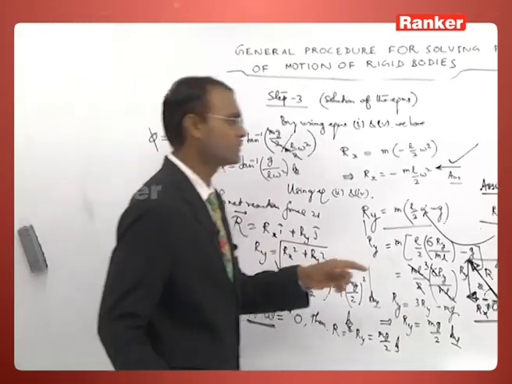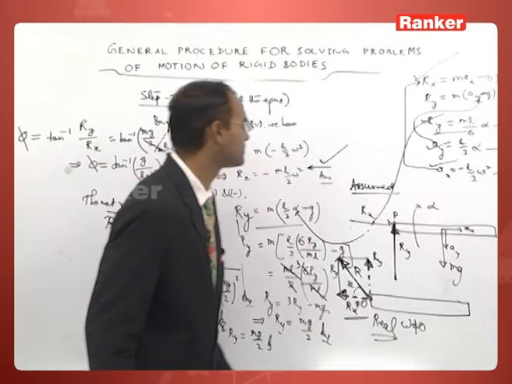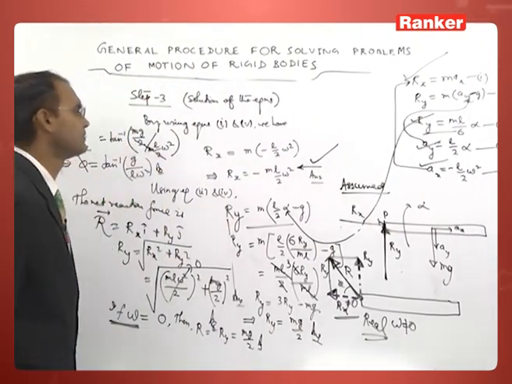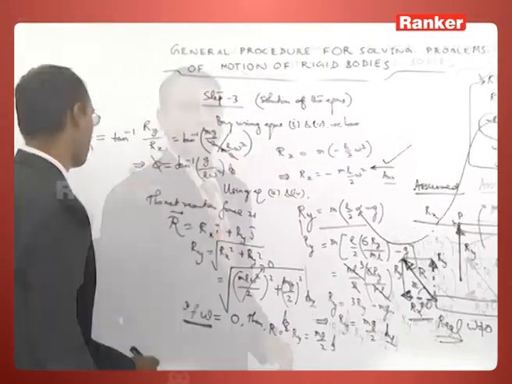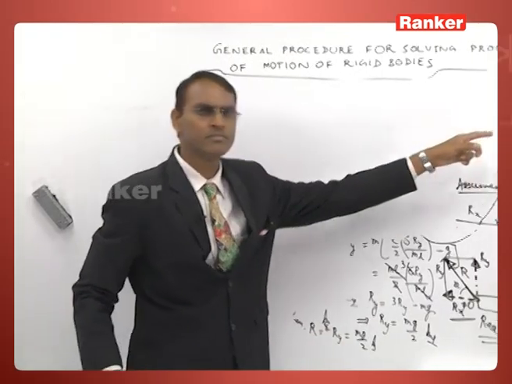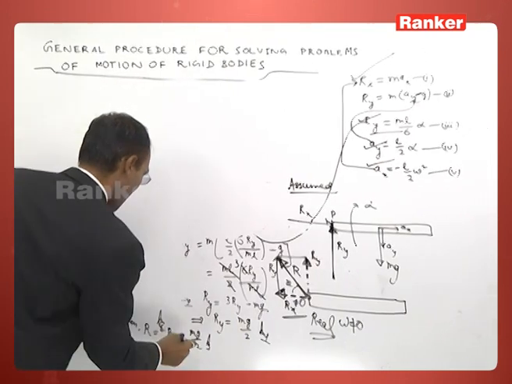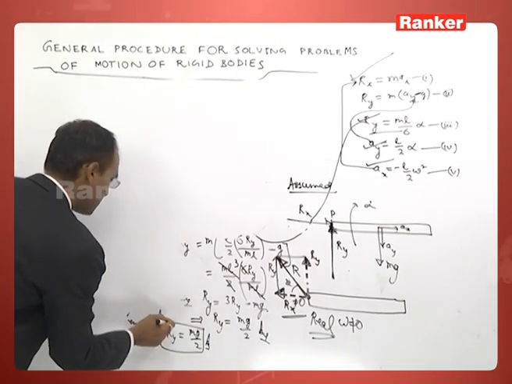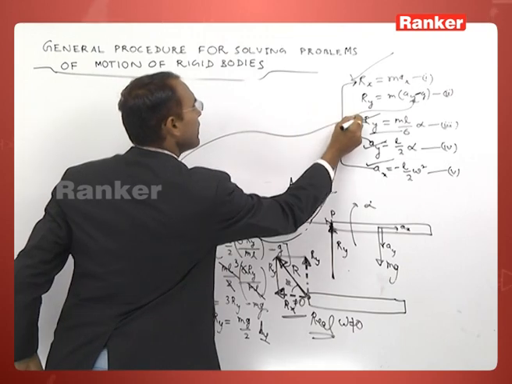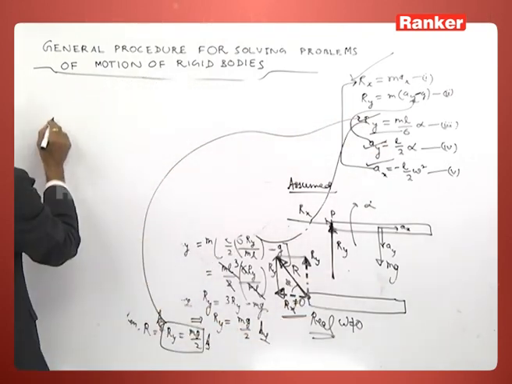Next we can calculate the value of alpha. We have got Ry equal to mg by 2. Just substitute Ry in equation number 3.